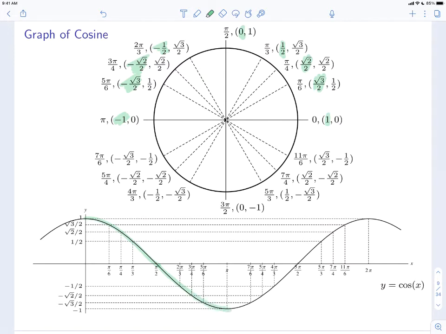And then we start doing the same numbers in the reverse order, and we end up finally to 0, and then we keep going until we get back to where we started. Now, when I say back to where we started, that means we've gone around the circle one time, one complete revolution, and we're back to 1, which is right here. So this is the graph of cosine.